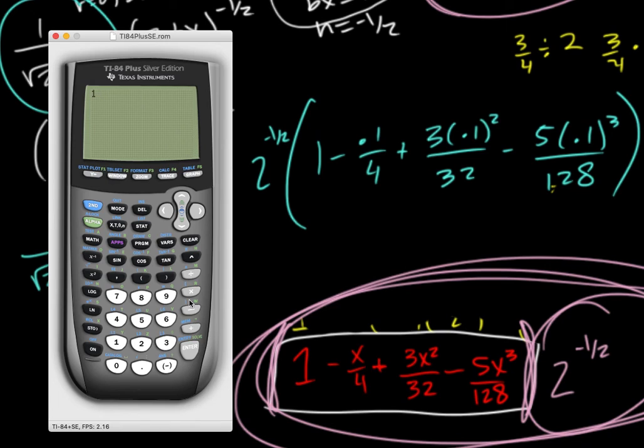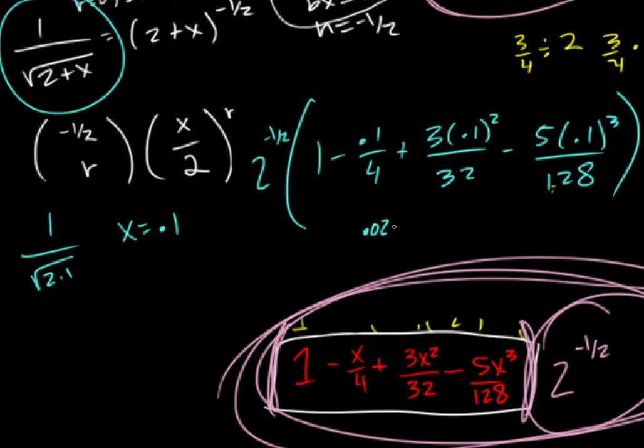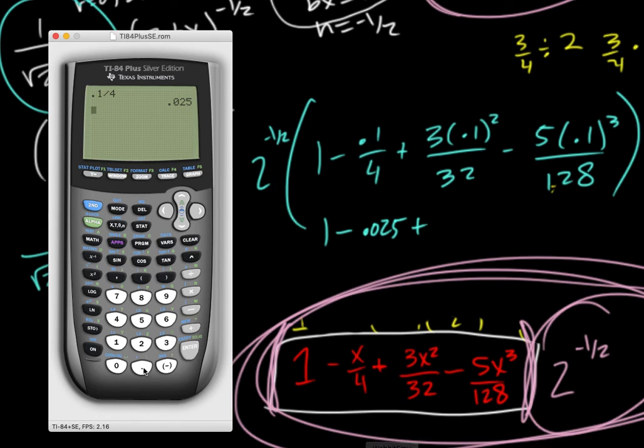Okay, so if we do that, we're going to say 0.1 divided by 4, 0.025. Then we're going to do 0.1 squared times 3 divided by 32.